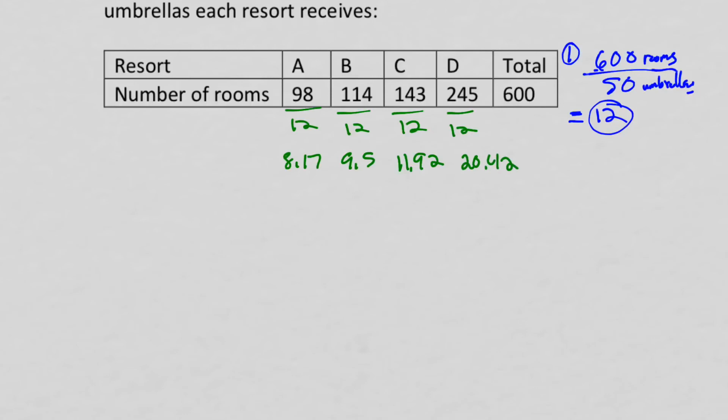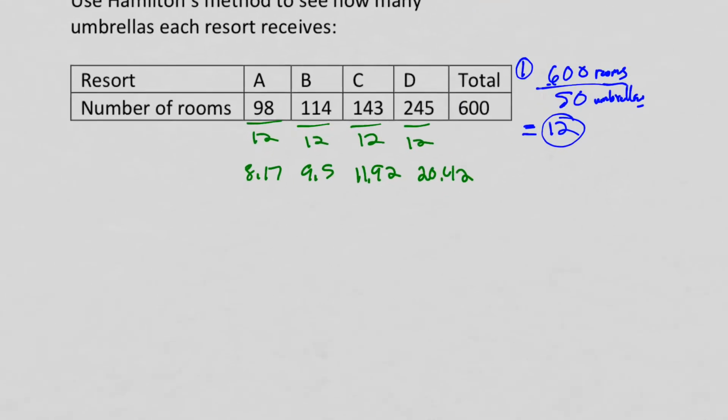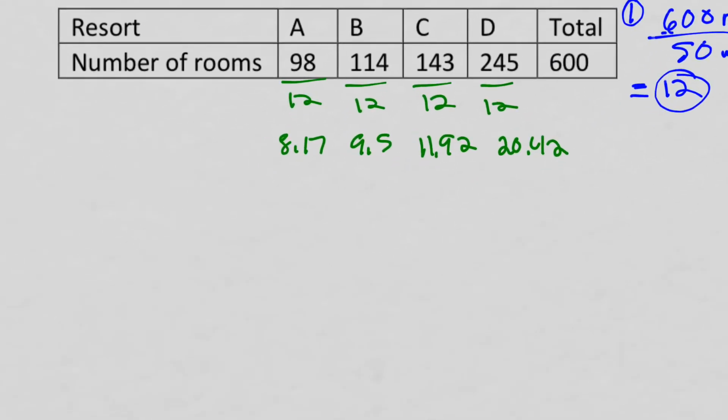Okay. Third step is to round down. So we're going to just take out each of the fractional parts, the decimals. So it's just going to be 8, 9, 11, and 20.